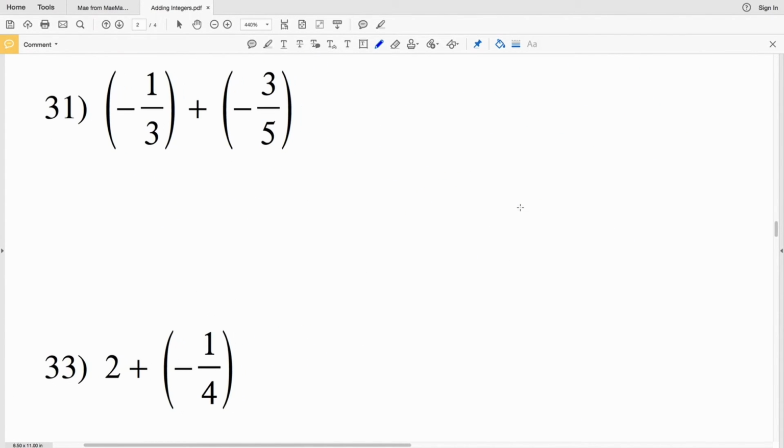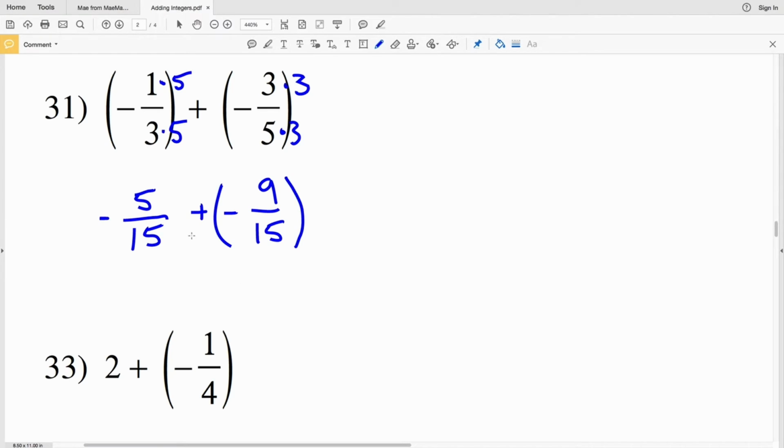For 31, again, the common denominator is 15. So to get to 15, you multiply 3 by 5, so we have to multiply the numerator by 5. So this is going to be negative 5/15. And we're adding another negative that is also over 15. You multiply by 3 to go from 5 to 15, so we have to multiply the numerator by 3.